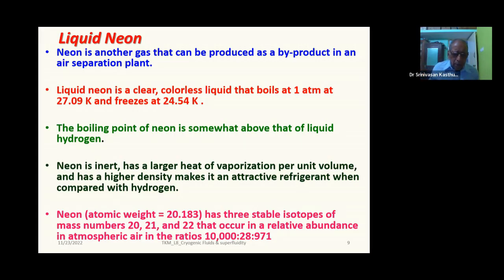Neon's atomic weight is 20.183. There are 3 stable isotopes. The relative abundance is maximum for isotope 20, because it is 100,000 versus 30 versus 270 something.